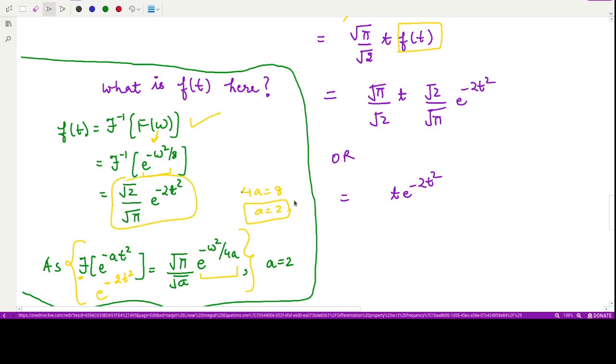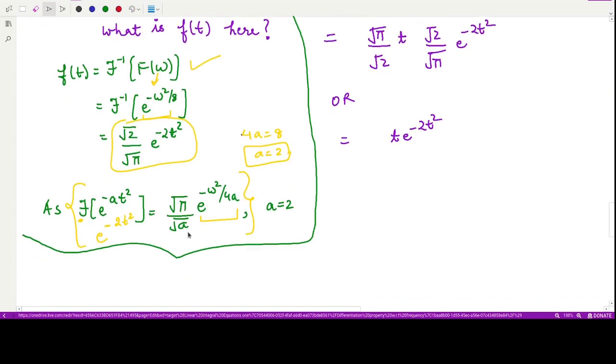In other words, I can shift these two terms to the left hand side, so that I have square root a divided by square root pi into the Fourier transform of e to the power minus 2t square. Our a is also 2, so we have square root 2 here, right? This is equal to e to the power minus omega square by 8, right?